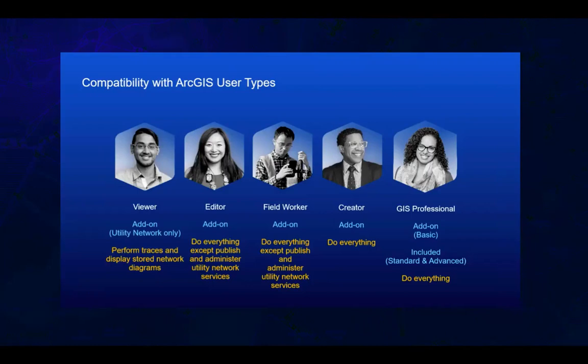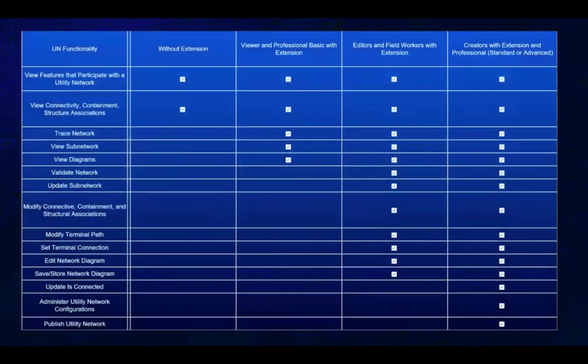Now I'm rushing through this in a sense, and again, we can have a further discussion about this. But this chart that I'm showing you now can be shared, and it has an overall matrix that shows you what functionalities come with the different layers of user types. So without an extension, you can still view connectivity.